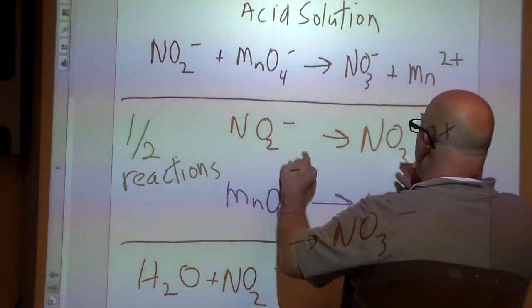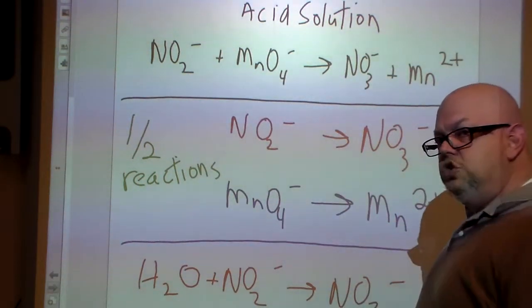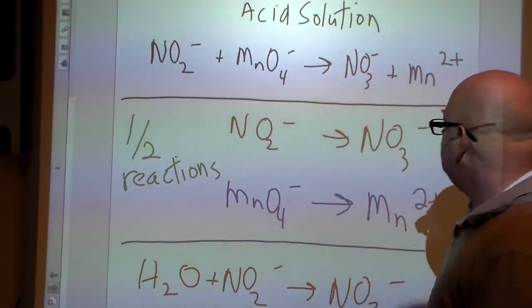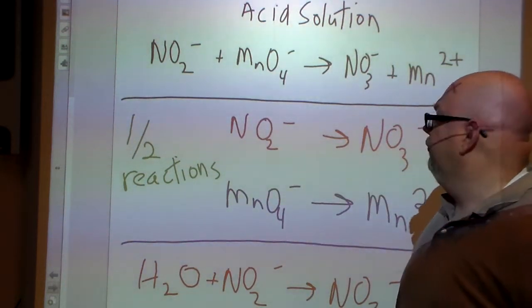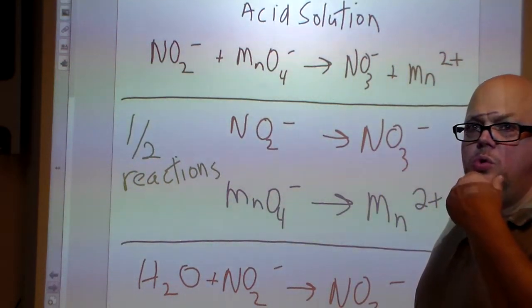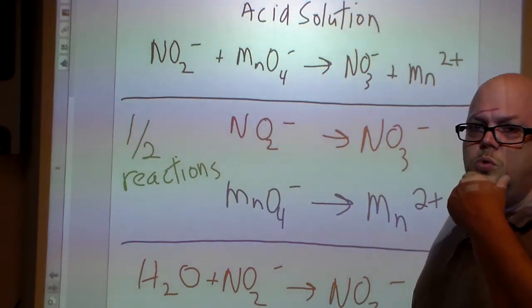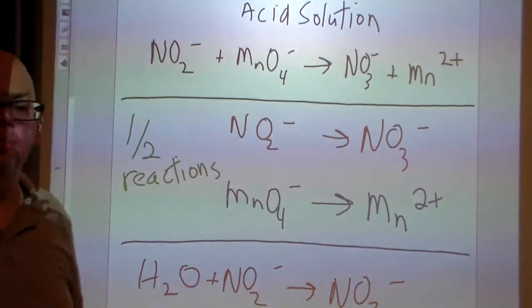Do you notice something here? Well, hey, NO3 picked up an extra oxygen, but the charge is still the same. But has the charge in the nitrogen changed from going from NO2 to NO3? If you answered yes, congratulations, you're right.